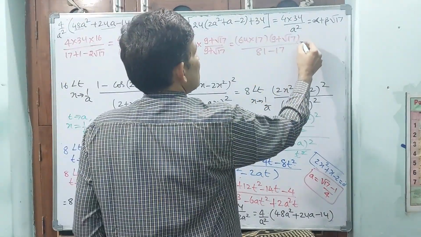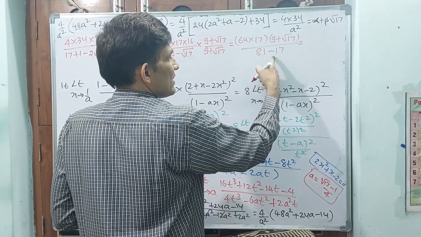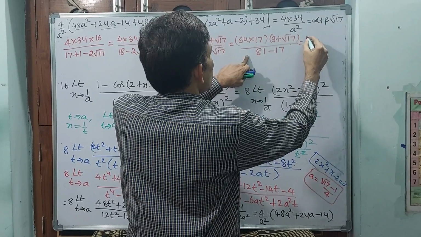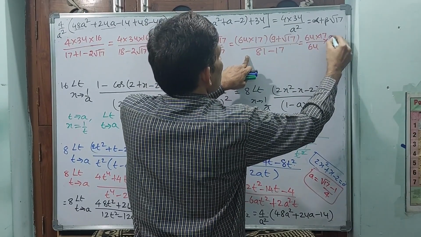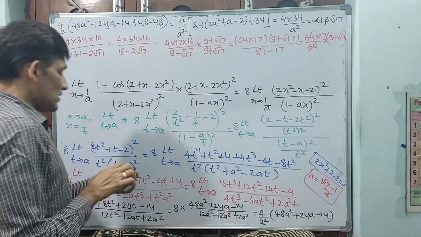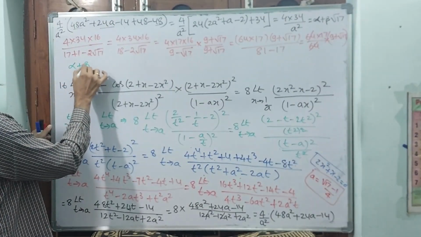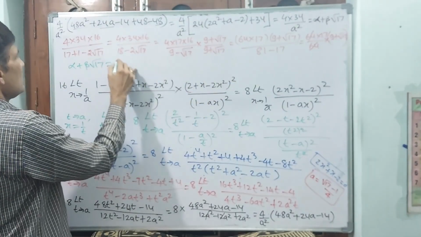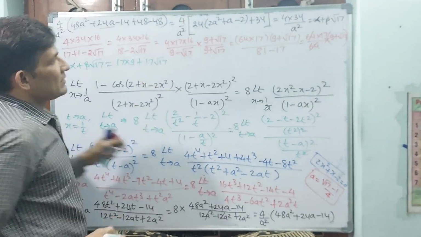That is equal to 64. That means 64 is going to get cancelled out: 64 into 17 by 64 into 9 plus root 17. So alpha plus beta root 17 is equal to 17 into 9 plus 17 root 17.